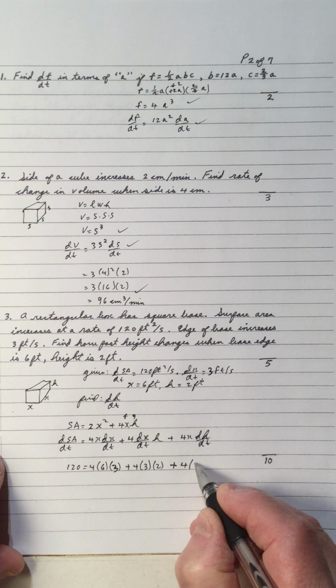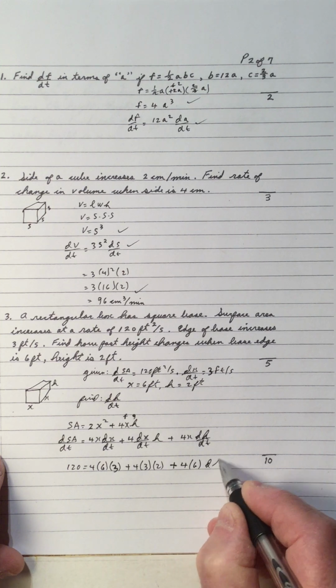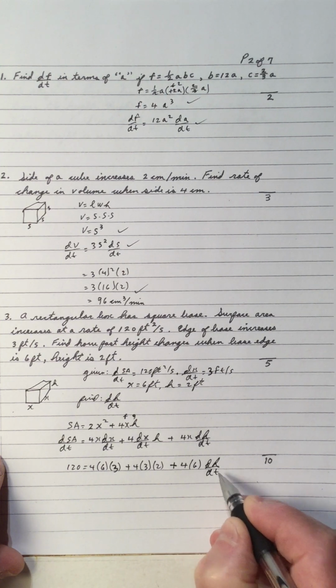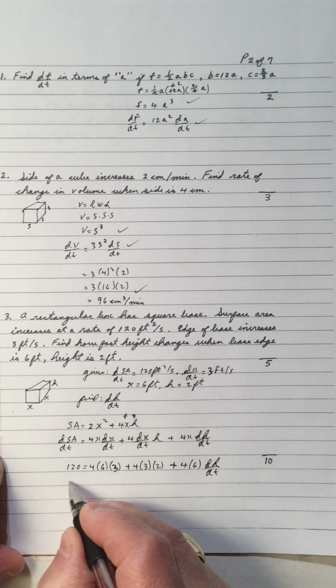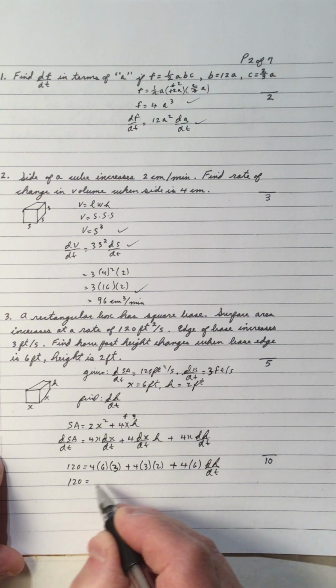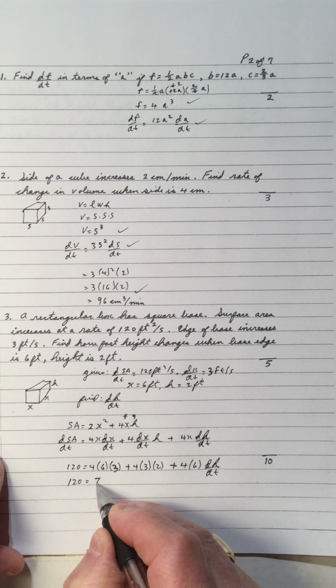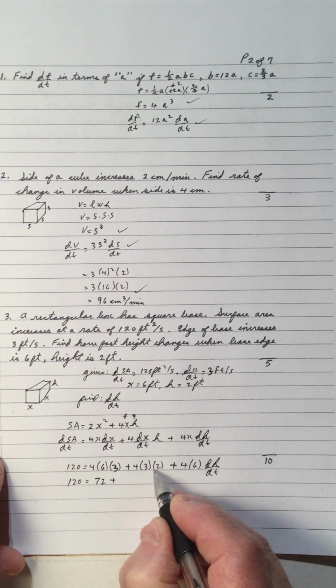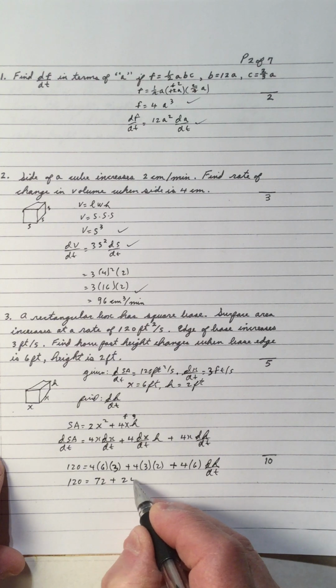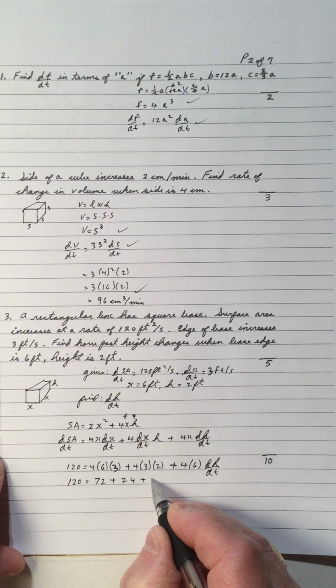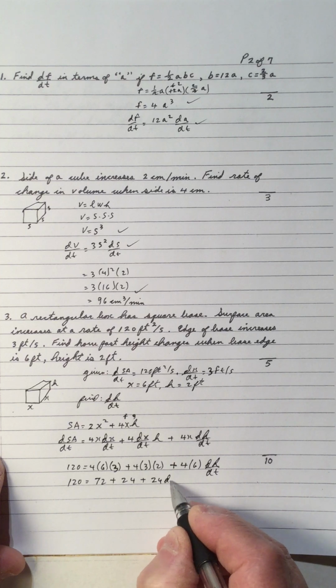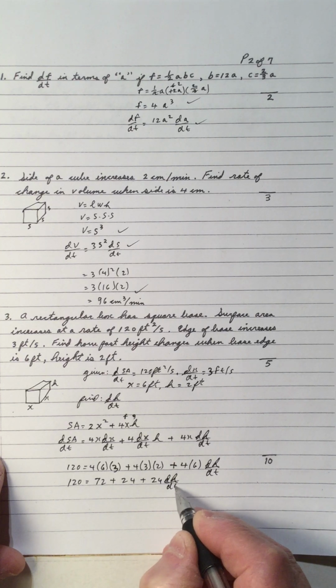So x is 6, and we have to find dh/dt. That's a 120, and 12 times 6 is 72. 12 times 2 is 24, and 4 times 6 is 24 dh/dt.